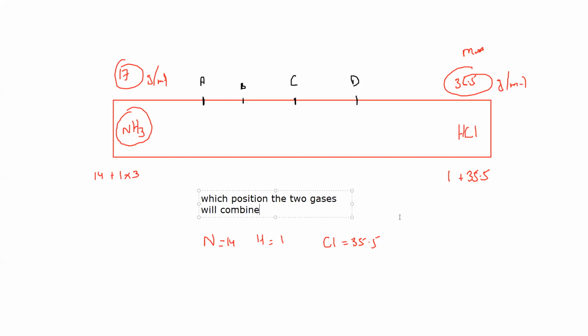A, B, C, or D. You can use the chat and choose any of the options A, B, C, or D. The question is, at which position will the two gases combine, join or collide with each other.